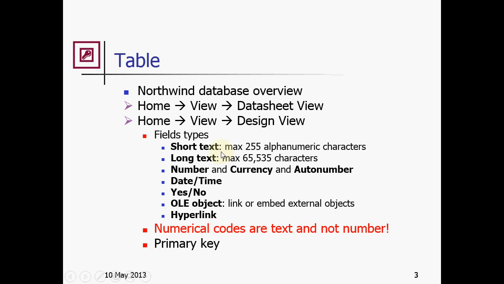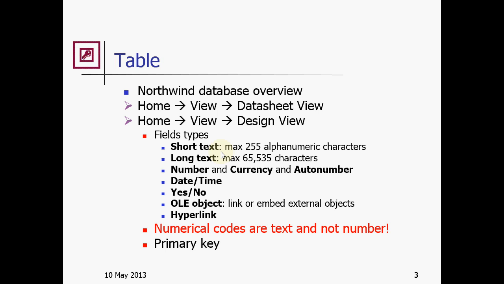Why? Because if you choose short text, you will have the possibility to insert spaces, slashes, dashes, letters in case they have. Other examples are the house number of your address. Most house numbers contain only numbers, but some of them contain letters or slashes or strange symbols. Also, the telephone number contains the plus, sometimes spaces.